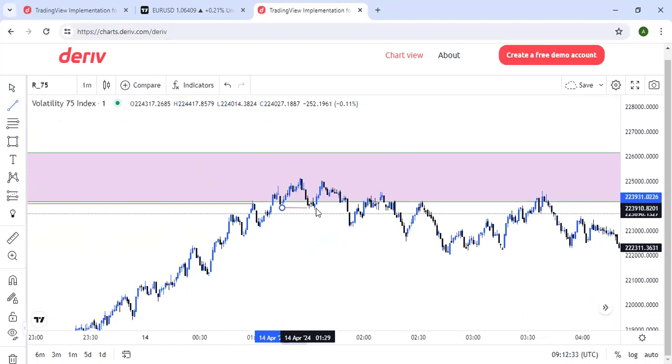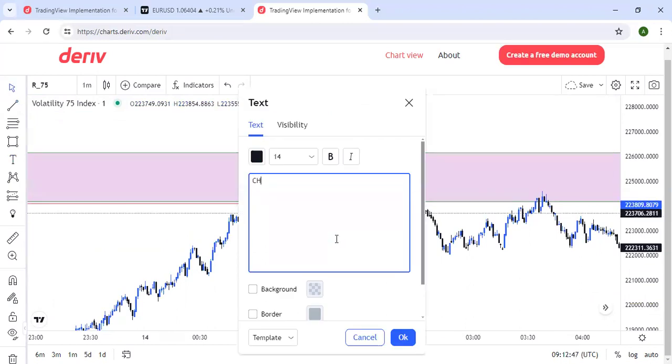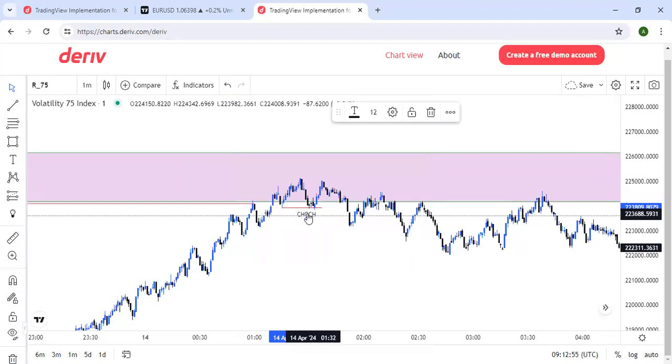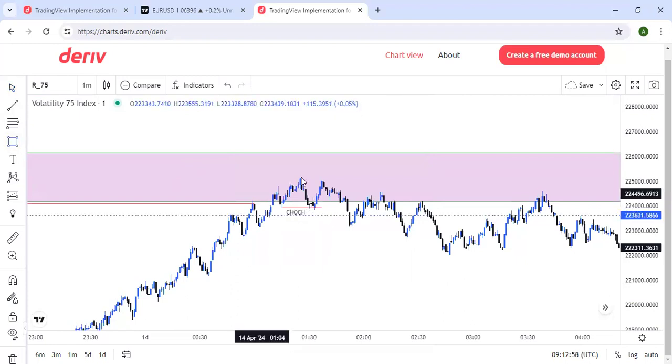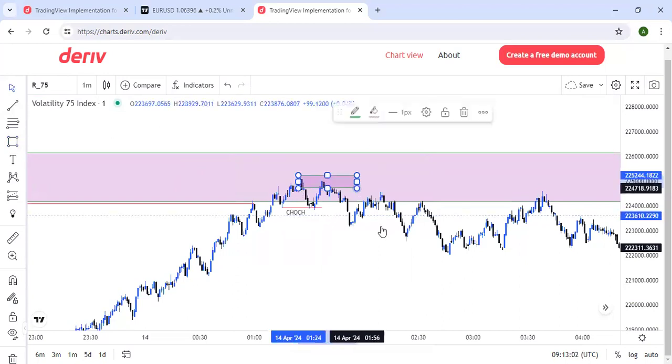We have our church around here. This is our church, let me put it there. That's our church. The price came to retest this particular zone here, and that's okay.